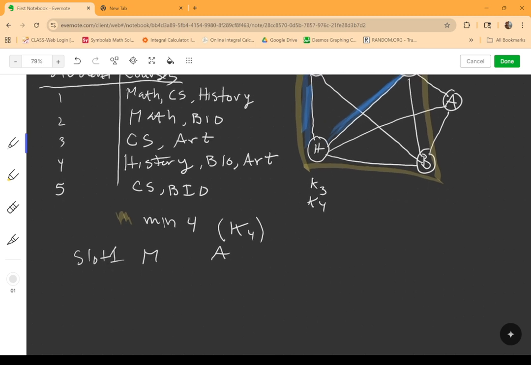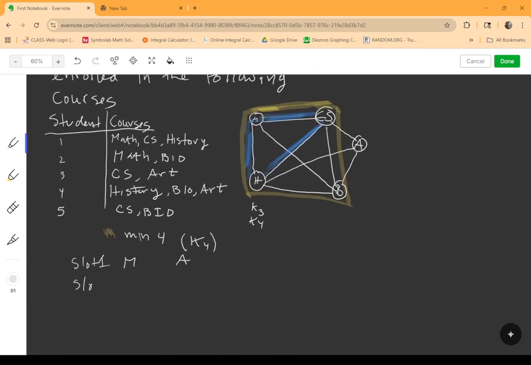And then the rest we can just go with slot 2, CS, slot 3, biology, slot 4, history. Okay, and that would be the least number of slots. I couldn't do it with 3, right? Because then I would have a conflict with one of the students. Okay, because of that complete subgraph of K4 in our graph.